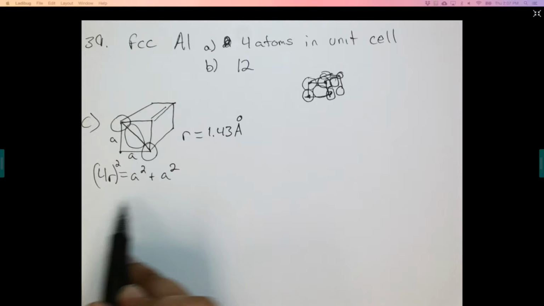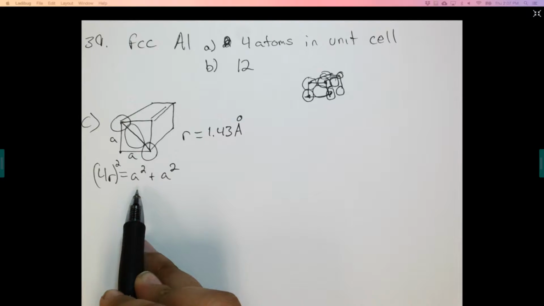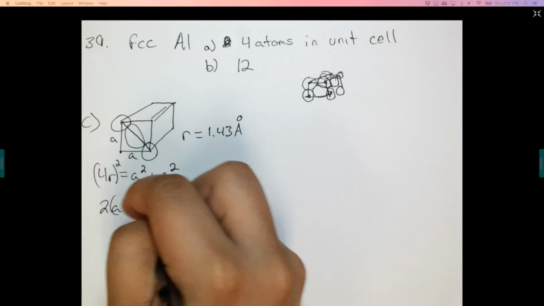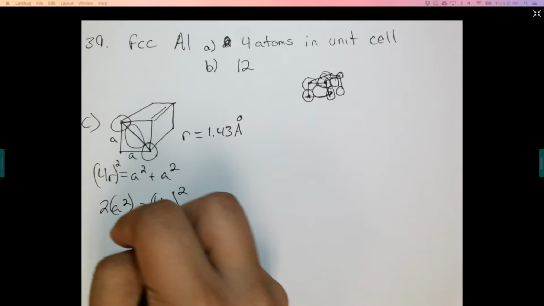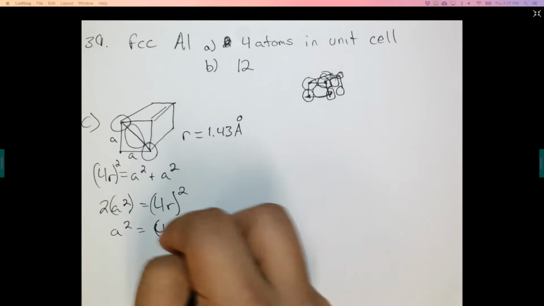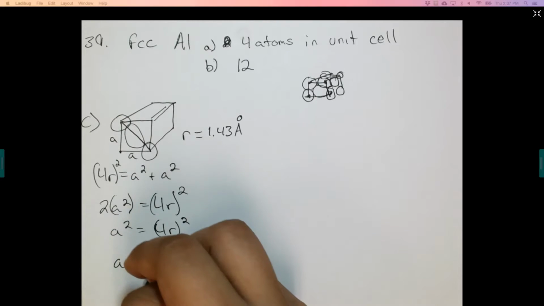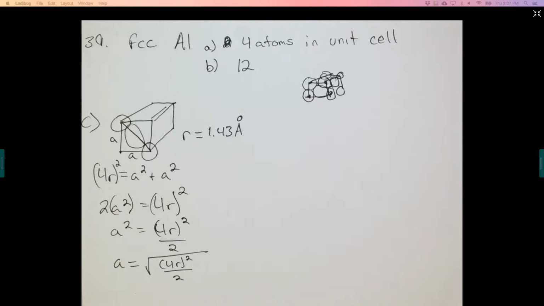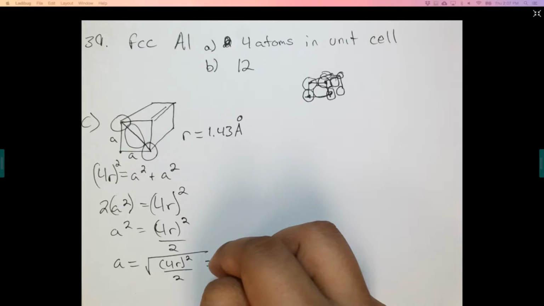So we can solve this equation essentially for a squared. What we end up getting is 2a squared equals (4r) squared. We end up seeing that a squared is equal to (4r) squared over 2, and therefore a is equal to the square root of (4r) squared over 2, which is equal to 4r over the square root of 2.